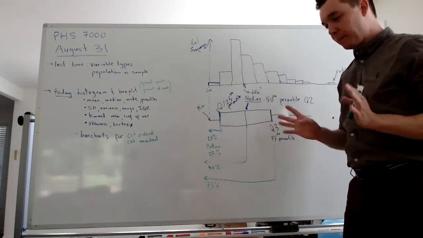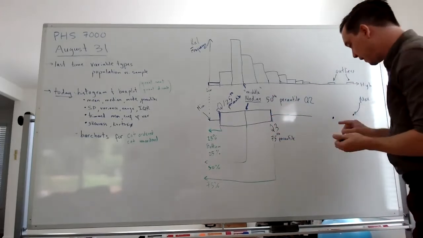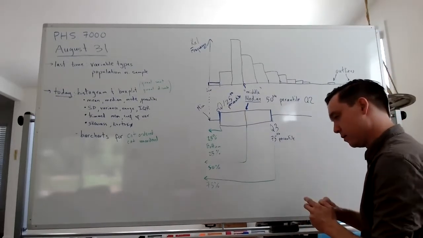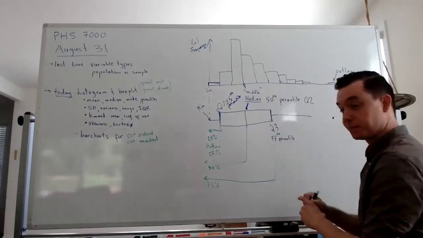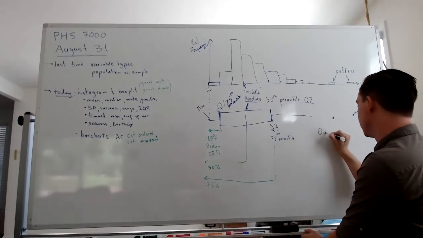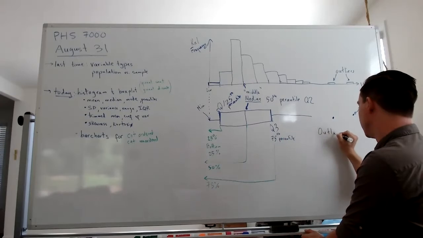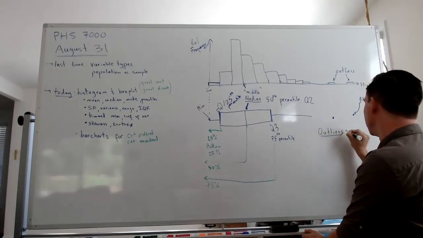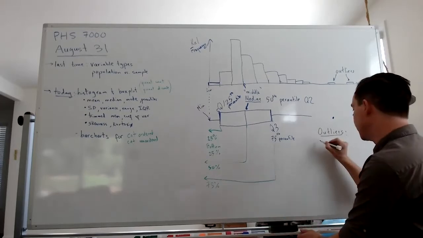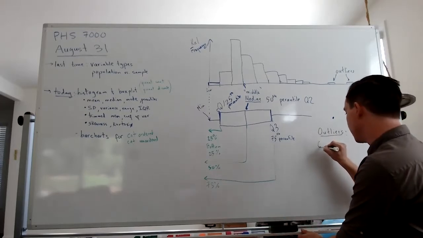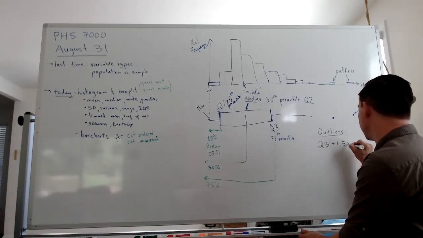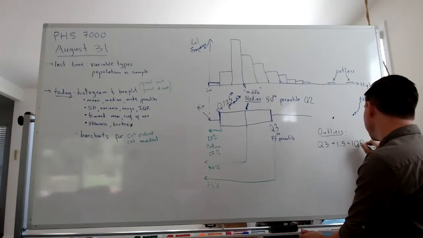But most software packages define these outliers, I'll use a different color still, usually by default, and of course you can change it in most software, as Q3 plus 1.5 times the interquartile range.